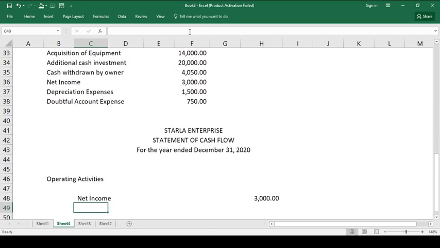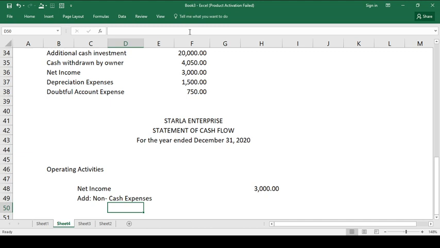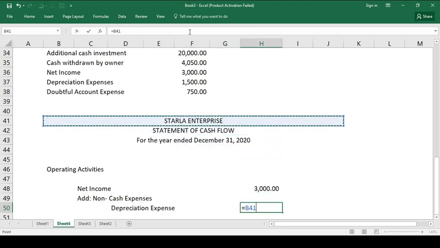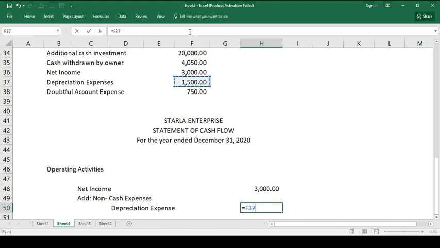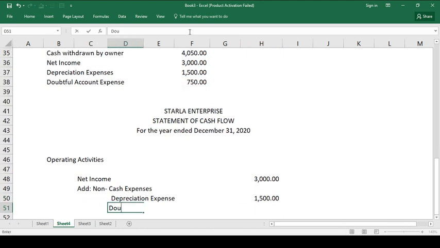And then we need to add all non-cash expenses. So based on the problem, the non-cash expenses are the depreciation expense. This is the most common expense na non-cash, which amounted to 1,500. And then we have doubtful account expense, which is also a non-cash expense.